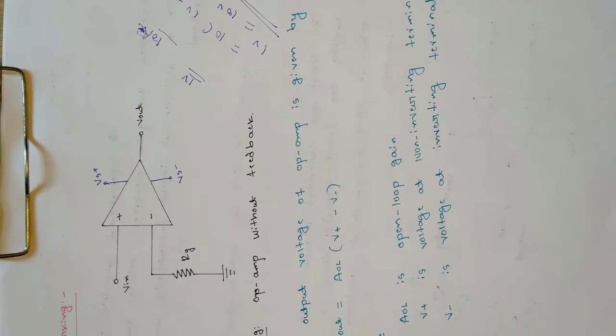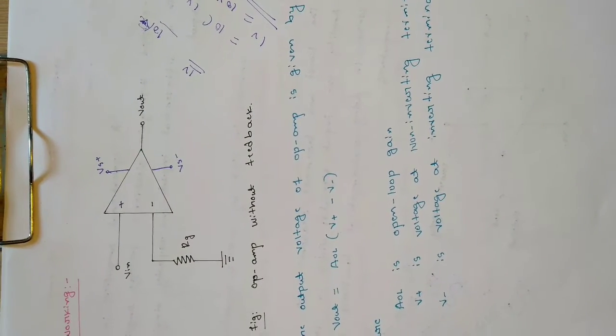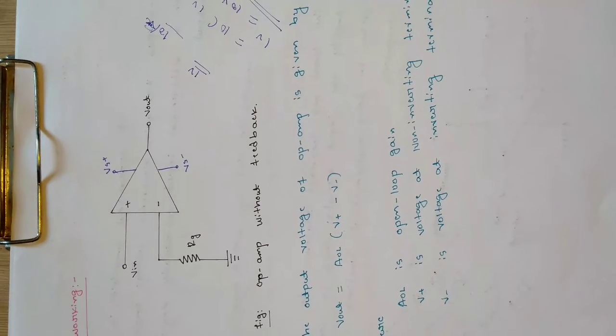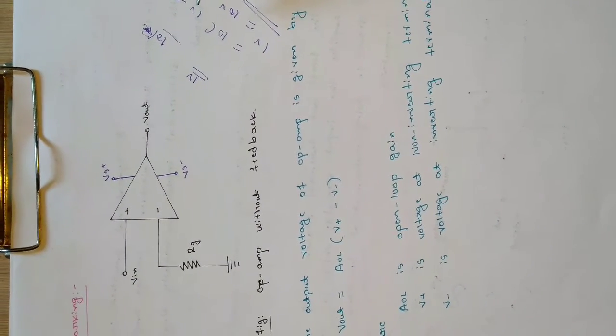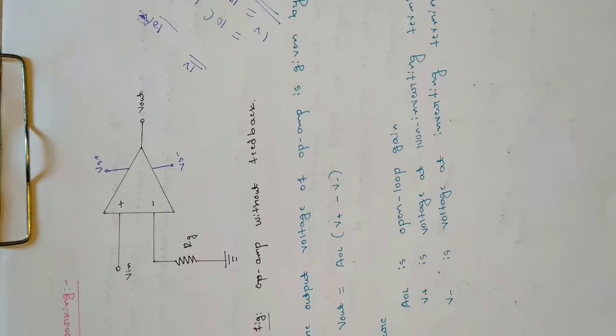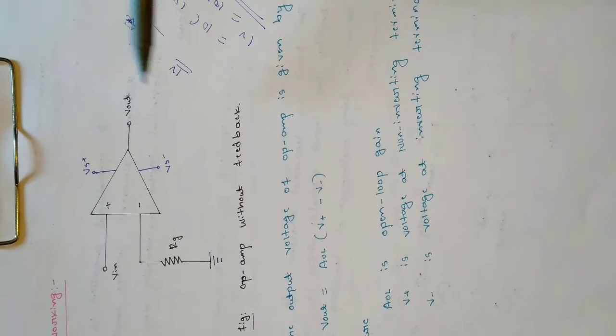This is a somewhat fixed type of configuration, so the manufacturer will decide how much the gain will be. But what if you want to design something where you need a gain of 100 instead of 10, or you want less than 10? At that time there is no facility for us to change the gain of the amplifier.